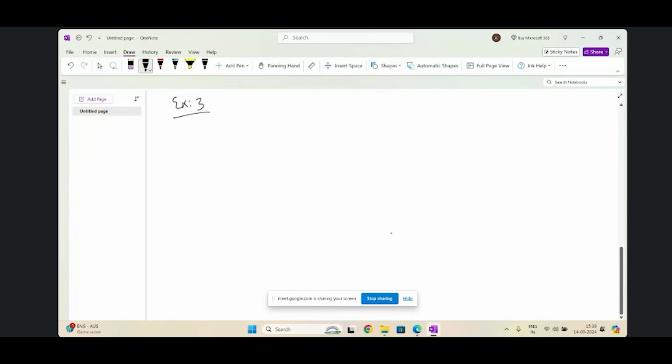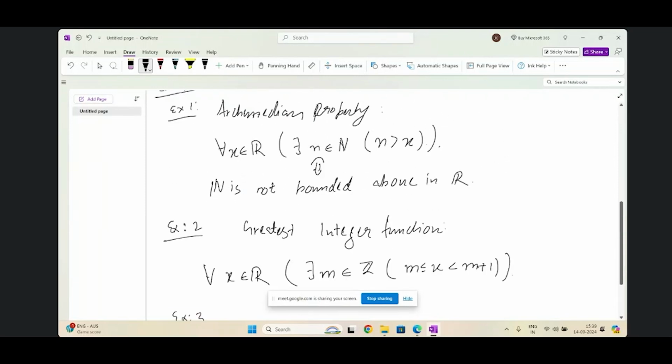You gave two examples. So I want to ask you whether the LUB property is true in rational numbers or not. No. Okay. So if I change my statement to: for all x belonging to Q, is the Archimedean property true in rational numbers?